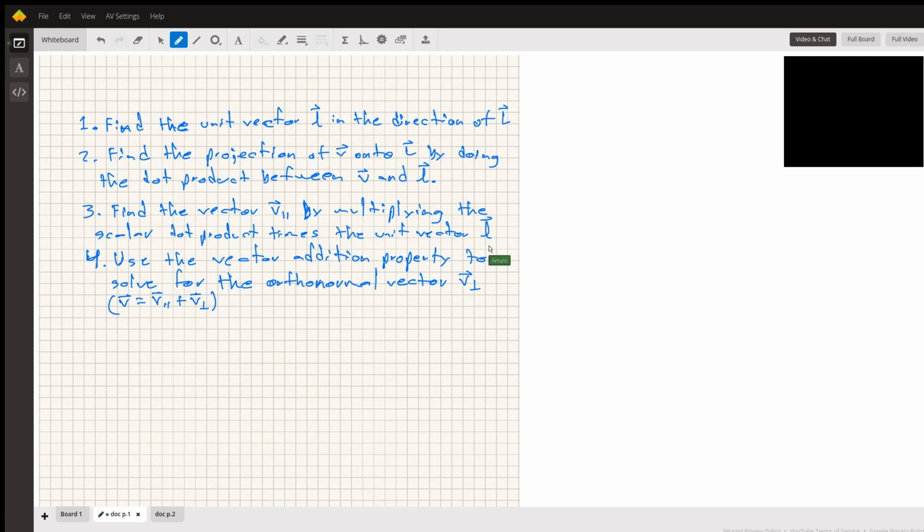This is to add direction to the actual projection vector, the projection of vector v onto the vector l, which is the vector v parallel.